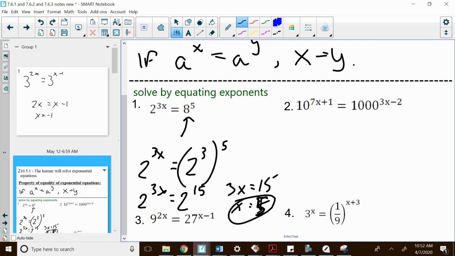Same thing here. 10 to the 7x plus 1 equals 1,000 to the 3x minus 2. Bases are not the same, but you can write 1,000 as having a base of 10.